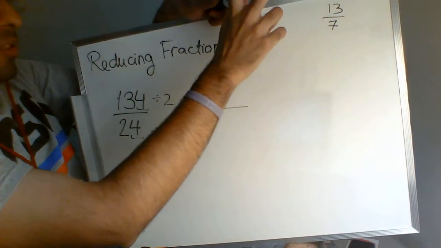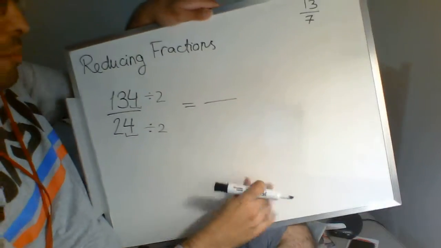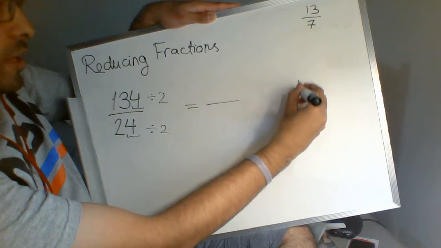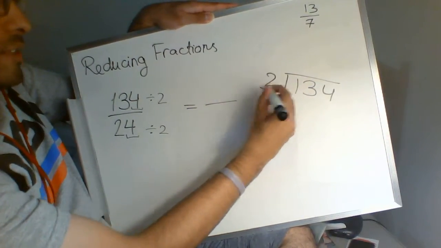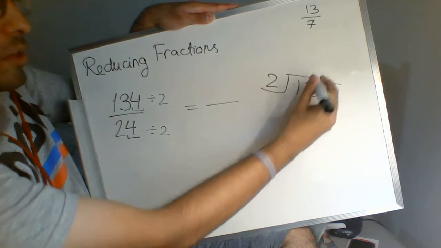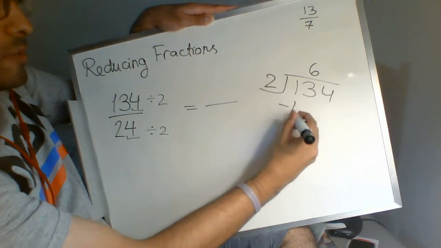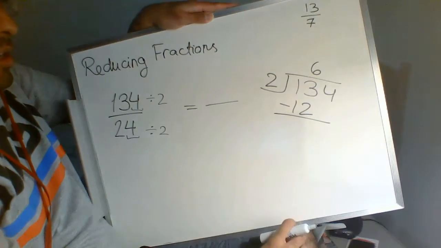And so if we divide both of them by 2, we divide 134 by 2. That might take a little bit of work, and you might want to work it out on the side of your page. But what you'll find is that 2 doesn't go into 1, but it goes into 13 6 times. So that leaves us with 12 down there.